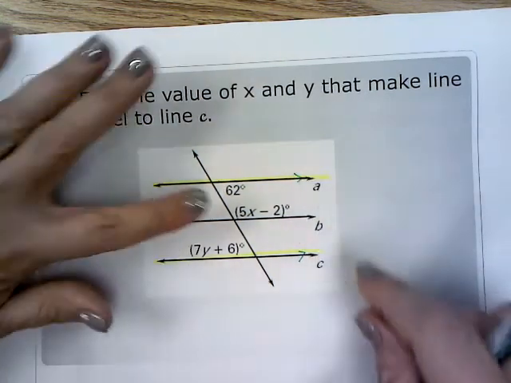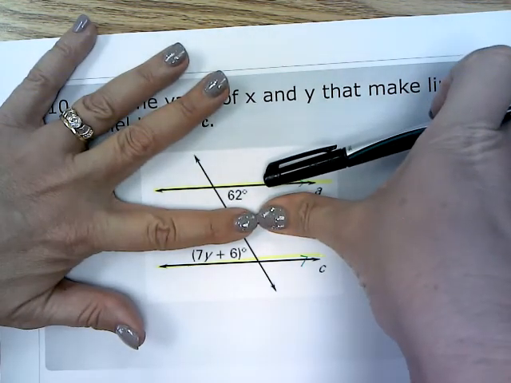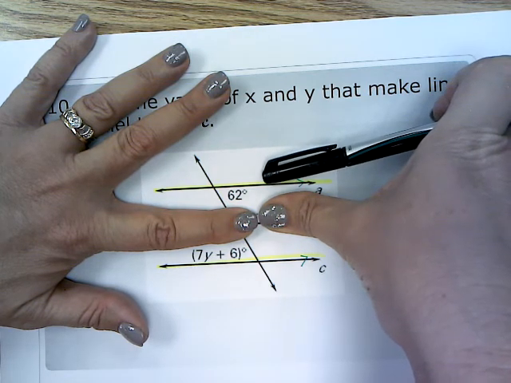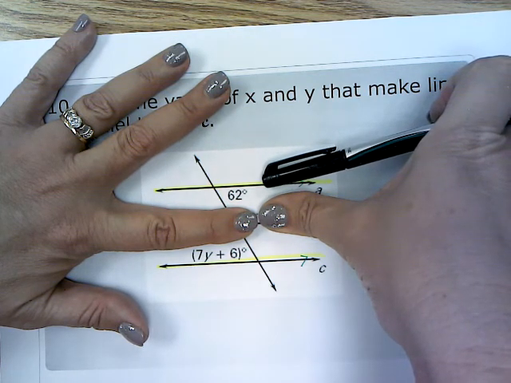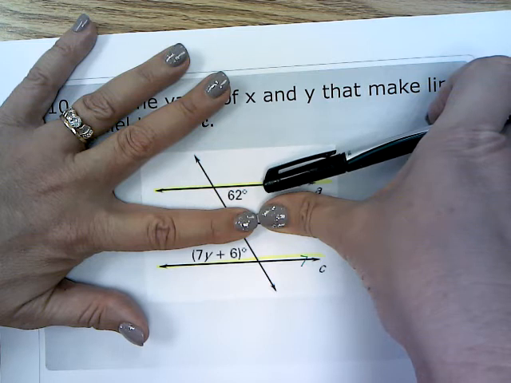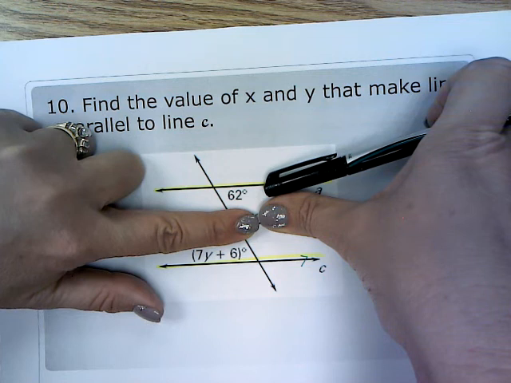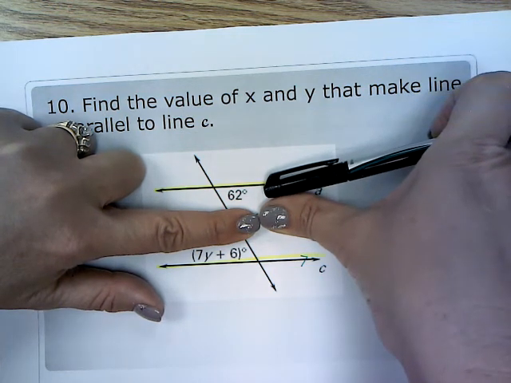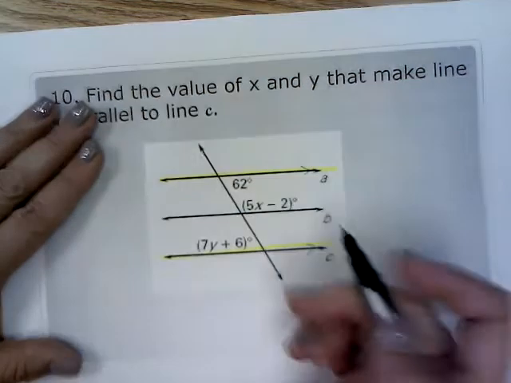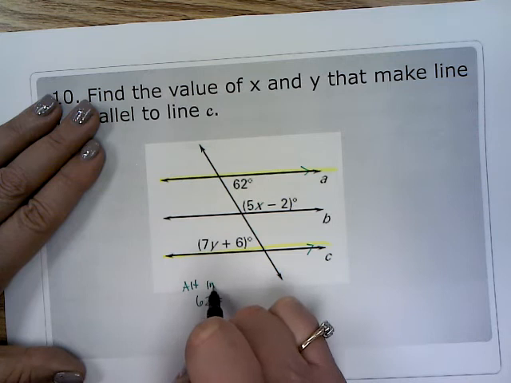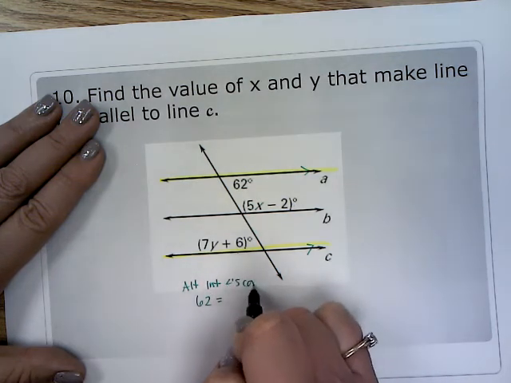So now, not looking at this piece in the middle, I can see that 62 and 7y plus 6 are alternate interior angles. So if 7y plus 6 equals 62, then those two lines would be parallel. So 62, because it's alternate interior angles converse, would say that would work.